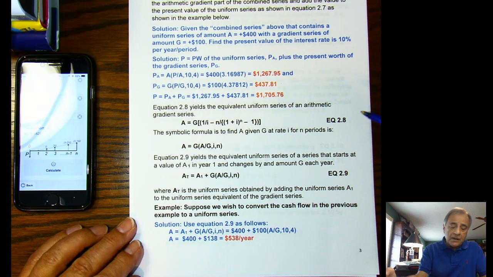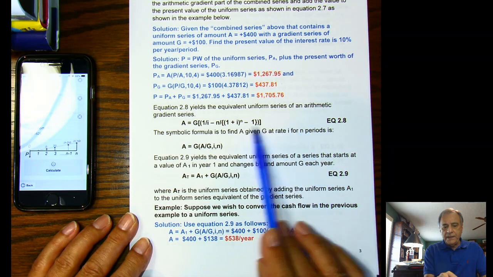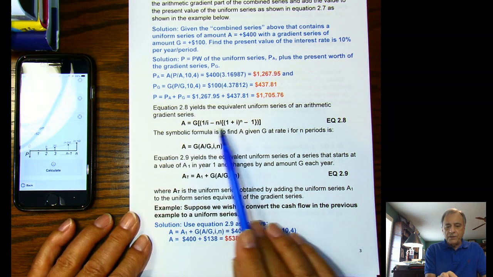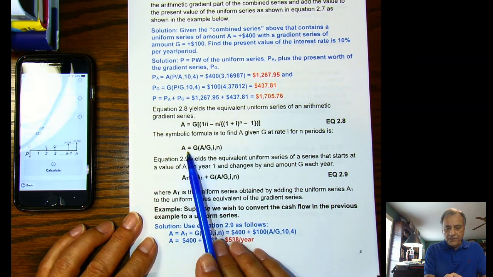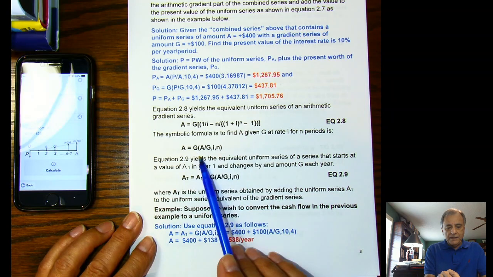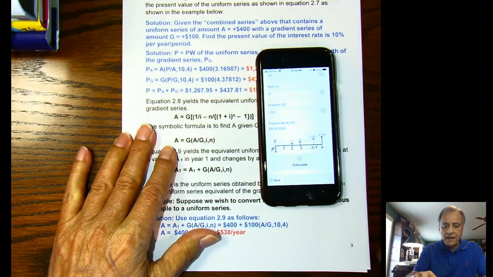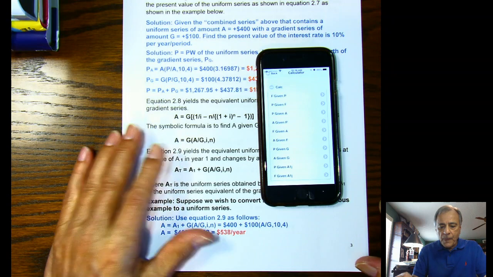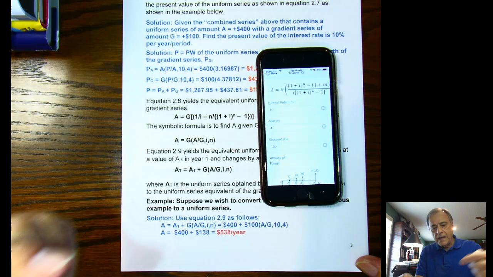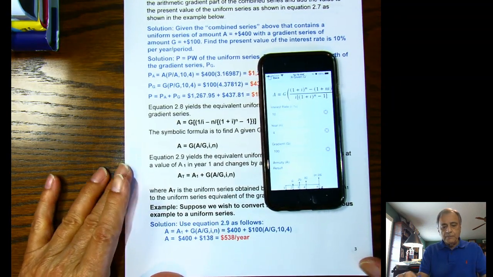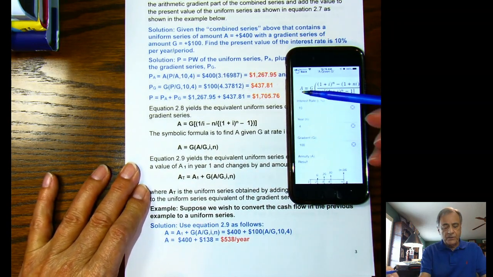We are converting, in this case, the gradient series to a uniform series. So this is the formula, equation 2.8, and the symbolic form of that is find A given G at interest rate I for n periods. I'm going to go back here and see if that's an option. It is. It's the next one down, A given G. If I clicked on that, I could convert the arithmetic gradient series to a uniform series.